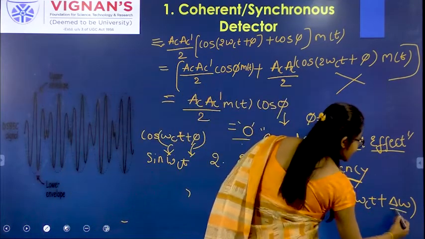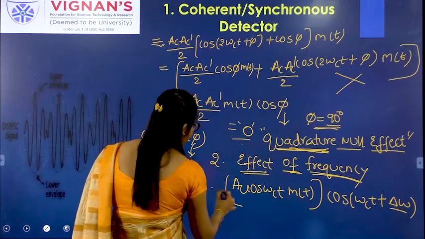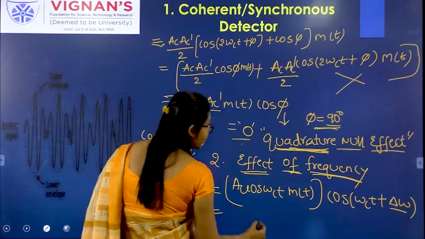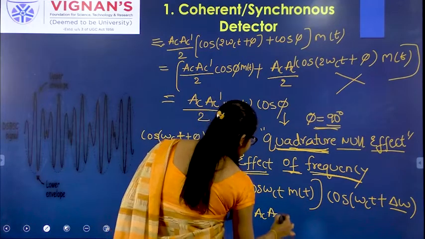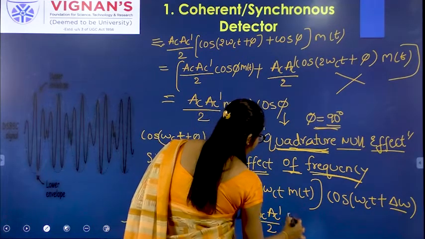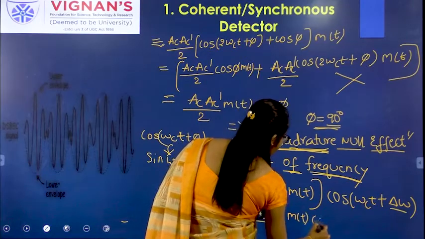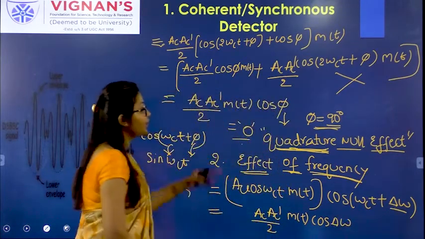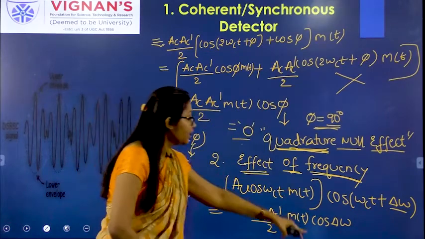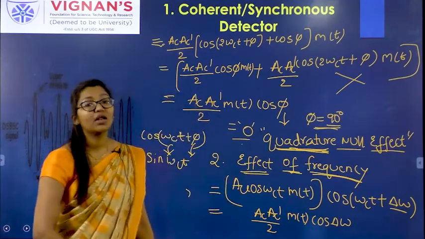Some little bit of change in frequency. So when you do the calculation, what will you get finally? Finally you will get Ac dash by 2 m of t into cos del omega. Same way as phi appeared, here cos del omega will appear.